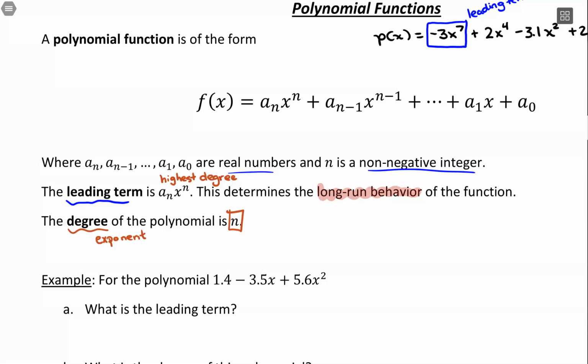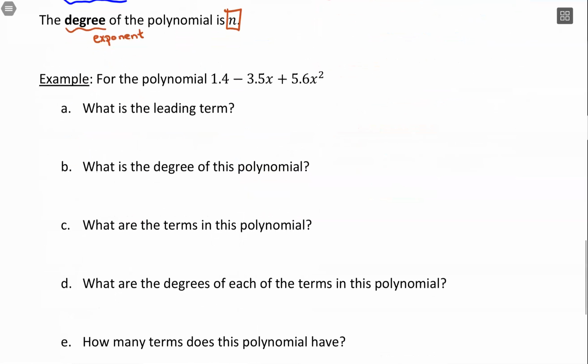All right, so let's practice with some of these terms that we're talking about and relating them to our polynomials. So right here, we have a polynomial. In fact, it's quadratic. It has a special name to it, but quadratic functions are also polynomials. If it helps, you can write these in standard form. So standard form is where the degrees would decrease as you read left to right.